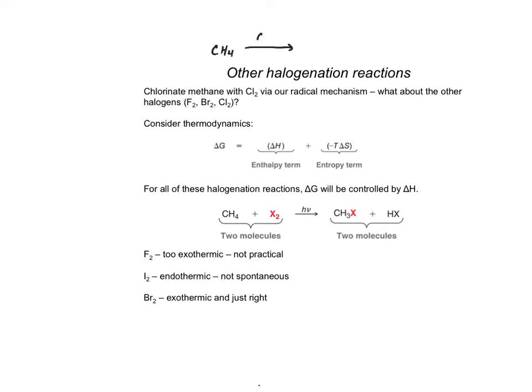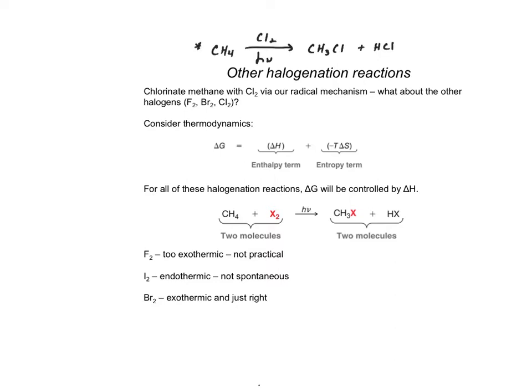We reacted it with chlorine in the presence of light because, again, we need that energy to undergo this radical reaction. The product that we got here, if we controlled it correctly, was monochlorinated methane or methyl chloride, right? And then we also got HCl as another product, okay? All right, so this is what we started with.